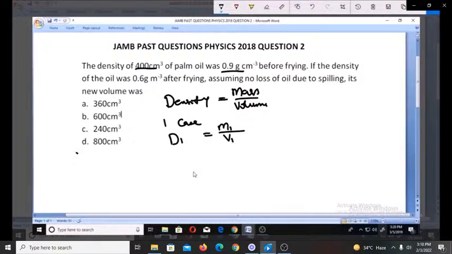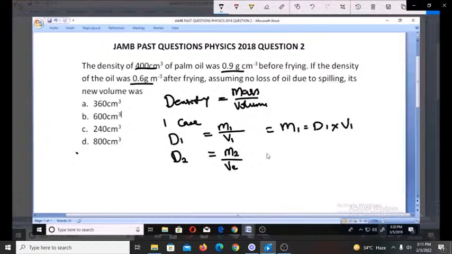For the second case, we have D2, which is this density here, equal to M2 over V2, which is what you are calculating. But now from this, if we make M1 the subject of the formula, you have M1 equal to D1 times V1.